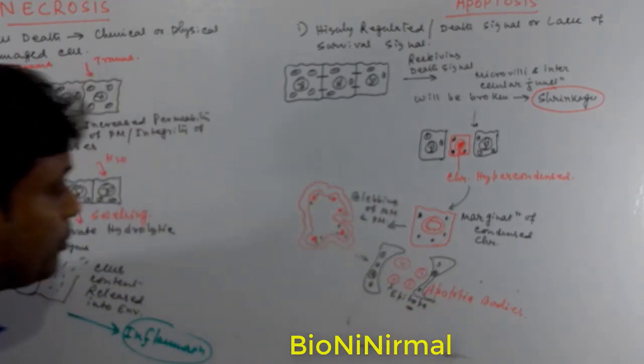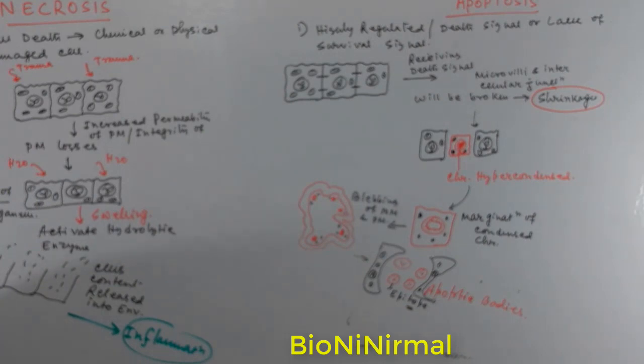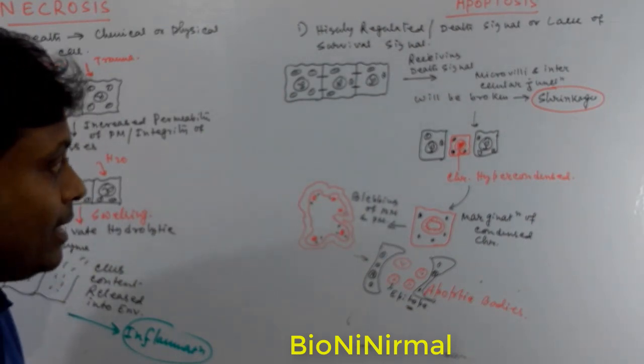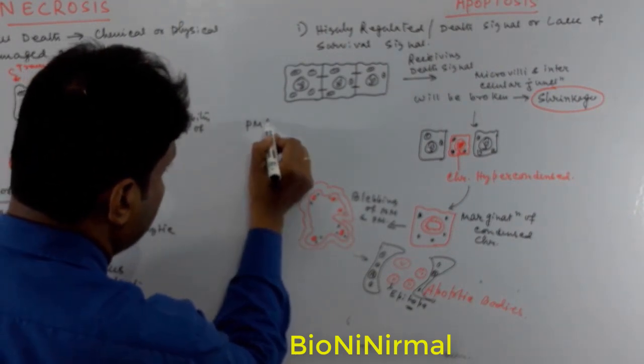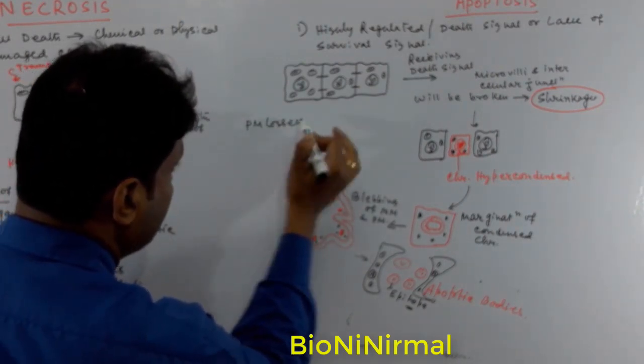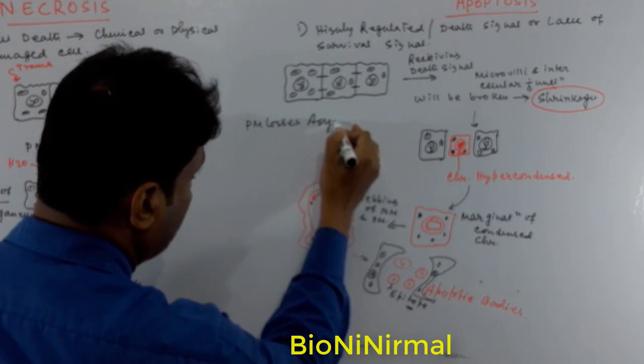So this is actually the process of apoptosis, and during the time of apoptosis another important event occurs, that is the plasma membrane loses its asymmetry, okay.